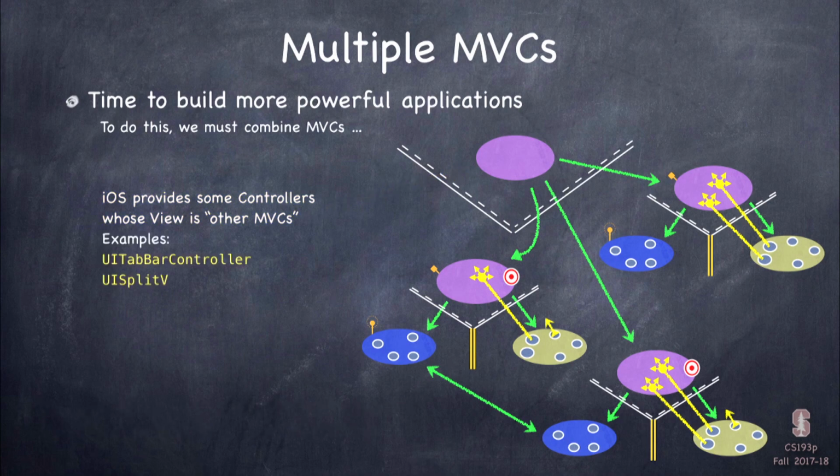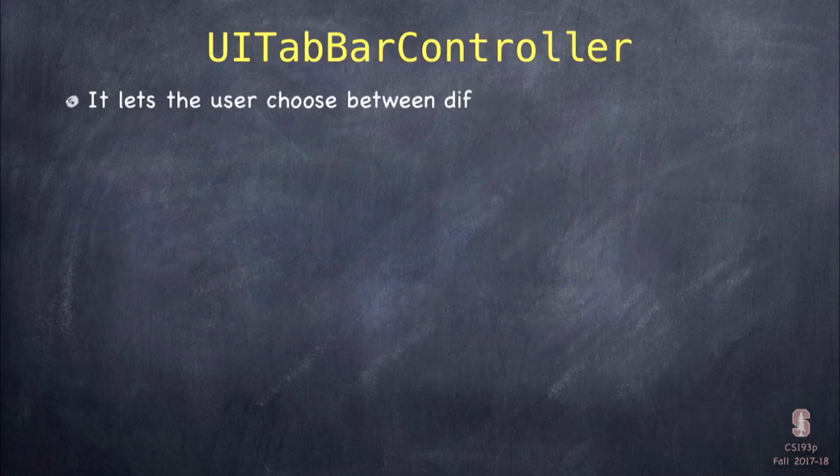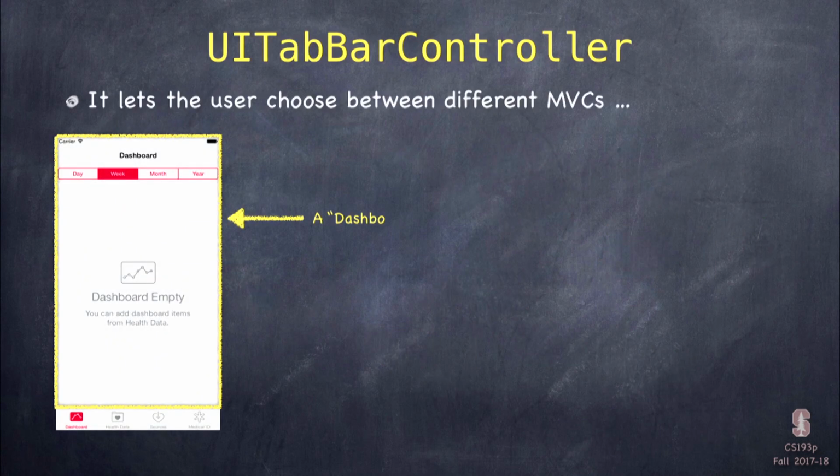And the 3 that iOS provides are tab bar controller, split view controller, and navigation controller. Now, there are other ways to combine MVCs that we'll talk about later in the quarter, but this is the primary way that we're going to do it with these 3 MVCs. Those 3, tab bar, split view, and navigation controller, are the controllers of MVCs. So let's look at them one by one.